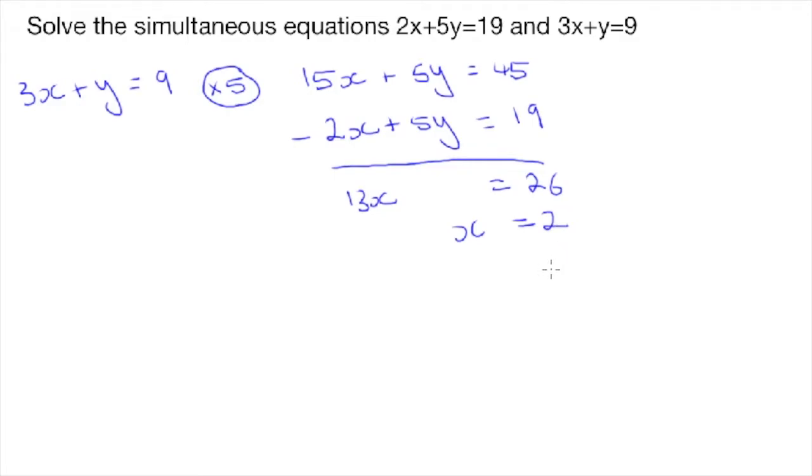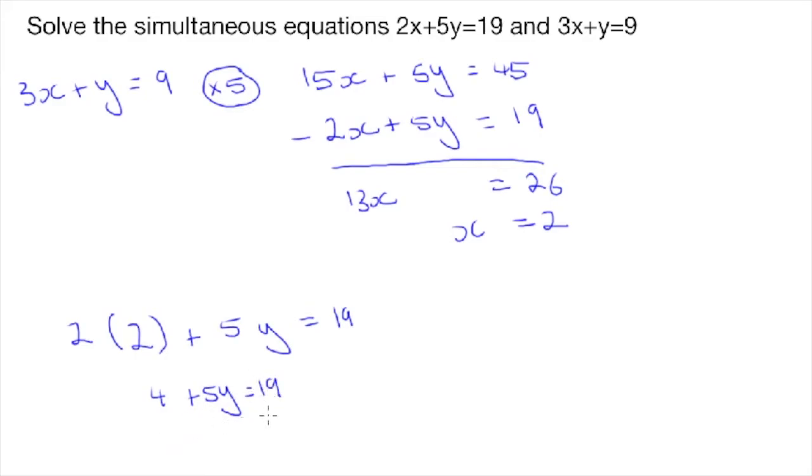Yeah. So now that I know one of the variables, I'll substitute that into the original equation to get my second variable, to get my y. So I know that 2x, which is 2, plus 5y equals 19. 2 times 2 is 4, so I get 4 plus 5y is 19.